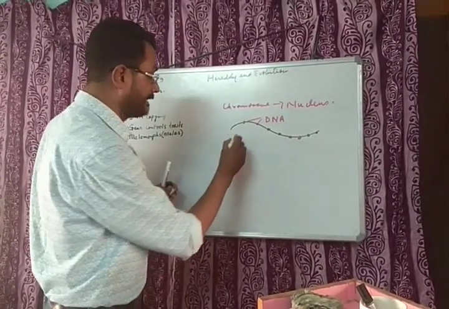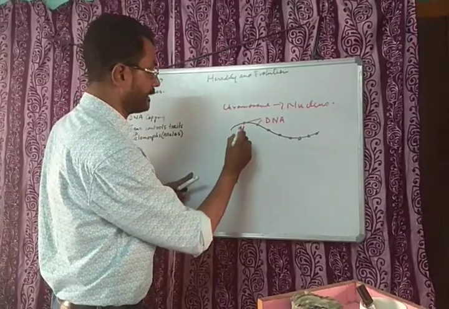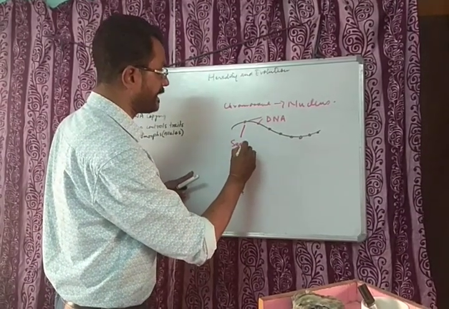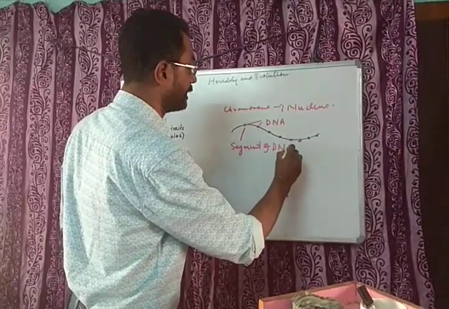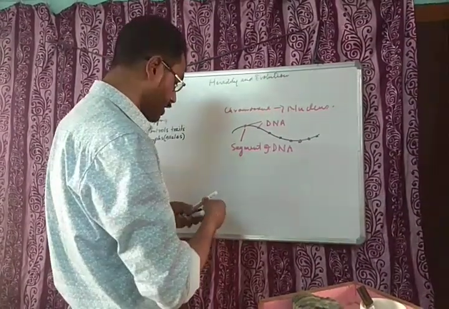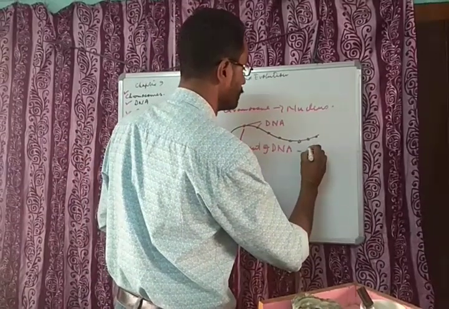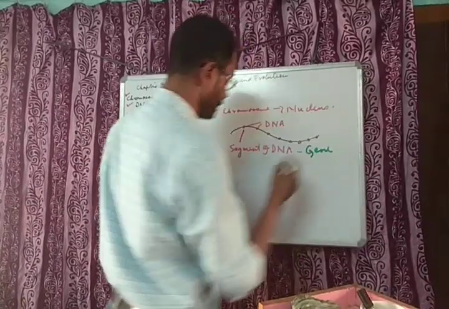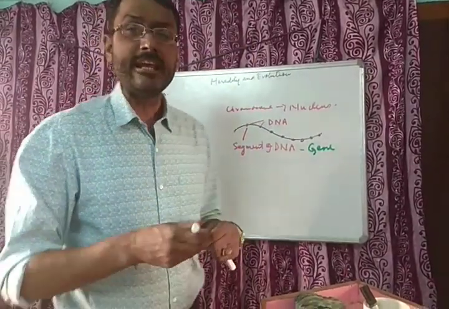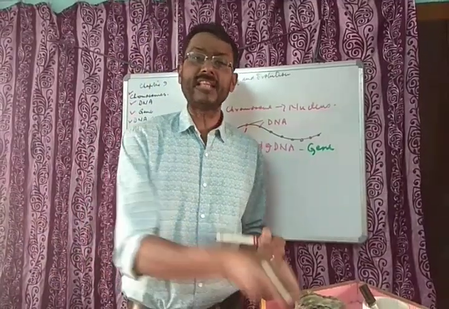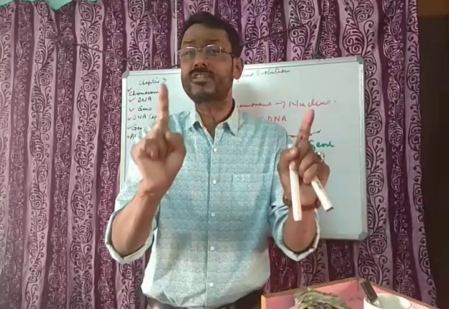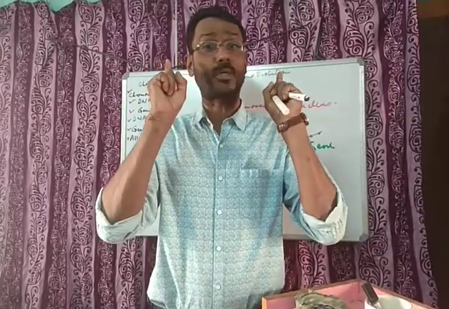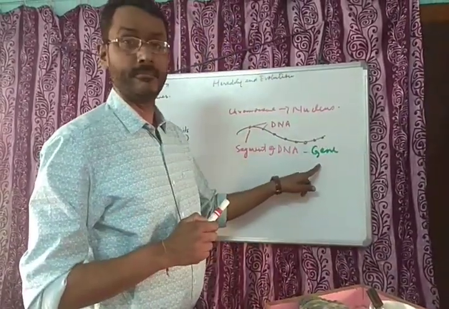See one thing. A segment of DNA is called gene. That means how will I define gene now? The segment of DNA that produces a protein, one protein, is gene.